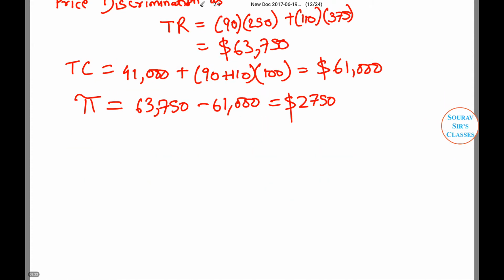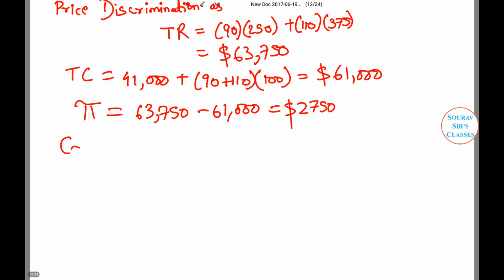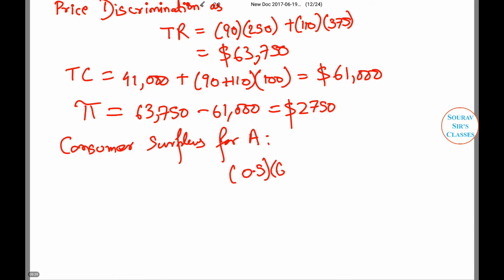Now consumer surplus for traveler A is 0.5 times 650 minus 375 times 110, which comes to 15,125.